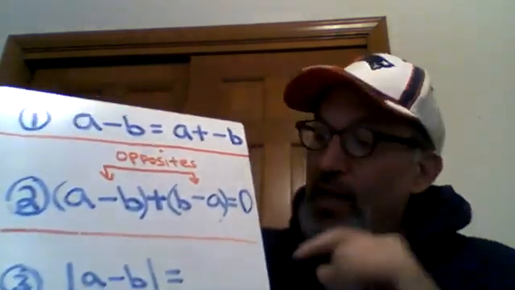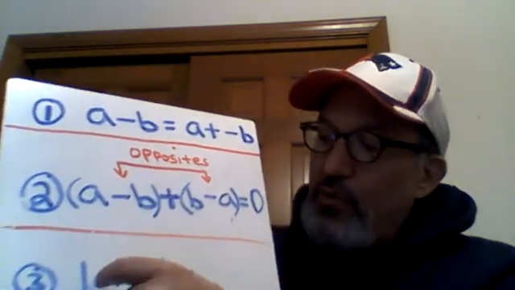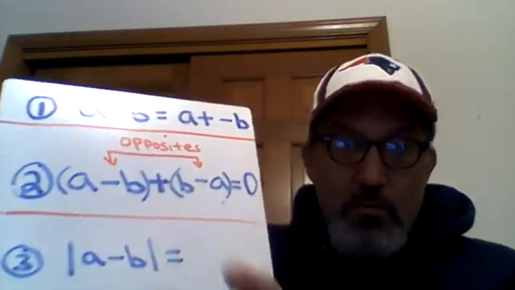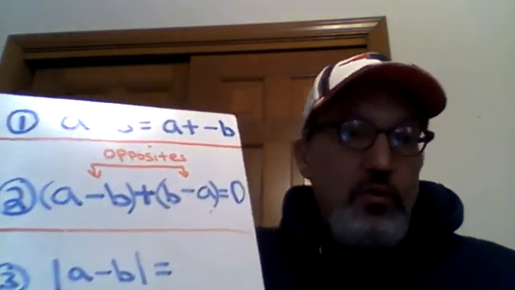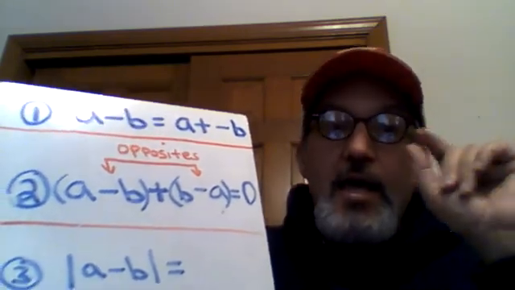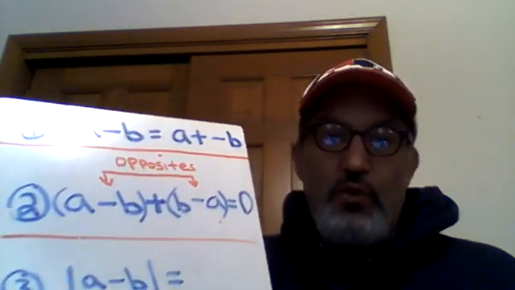So it shouldn't surprise you when I tell you that the absolute value of A minus B, where A and B are numbers, points on the number line, this will give you the distance between the 2 points. Very simple. The distance between the 2 points on the number line. Or in other words, the distance between A and B.